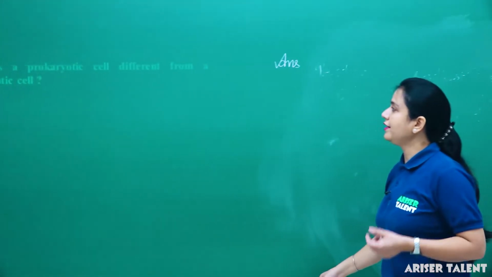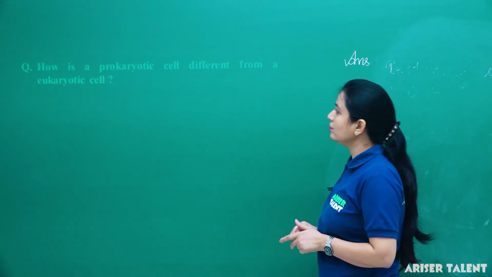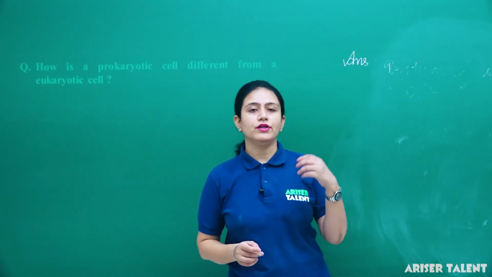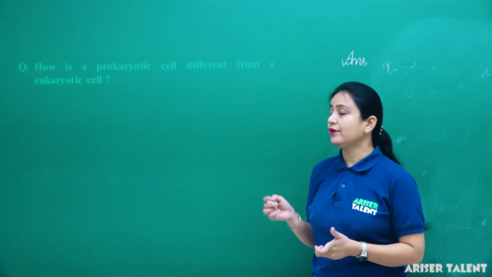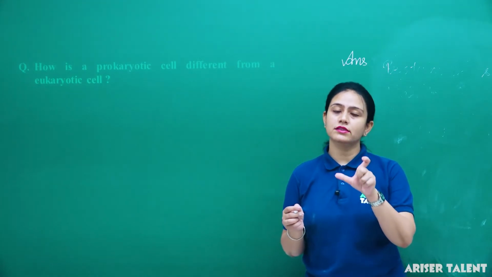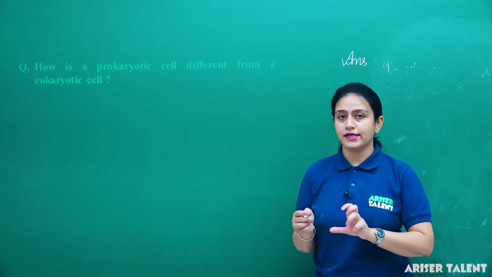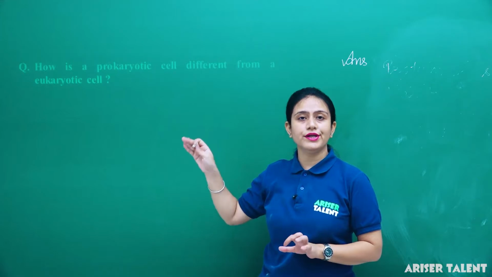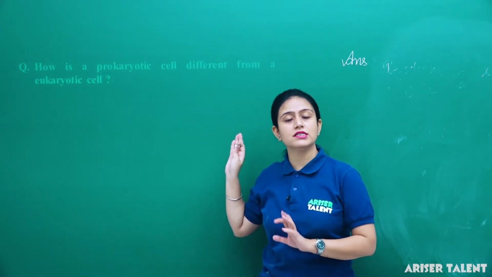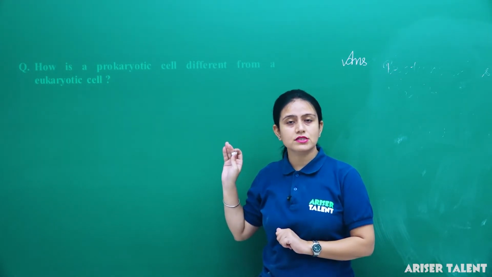Next is, why is prokaryotic cell different from eukaryotic cell? If we talk about the basic idea, then prokaryotic cells are smaller and eukaryotic cells are bigger in size. Prokaryotic cells do not have a nucleus, while eukaryotic cells have a nucleus and well-organized, membrane-bound cell organelles also.